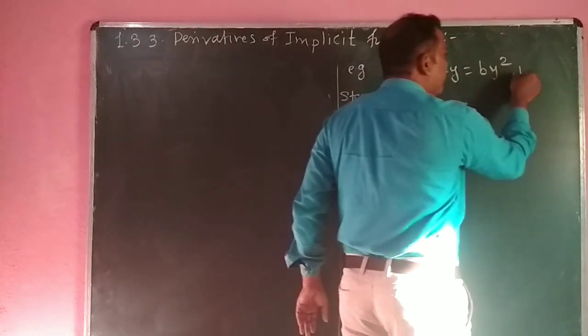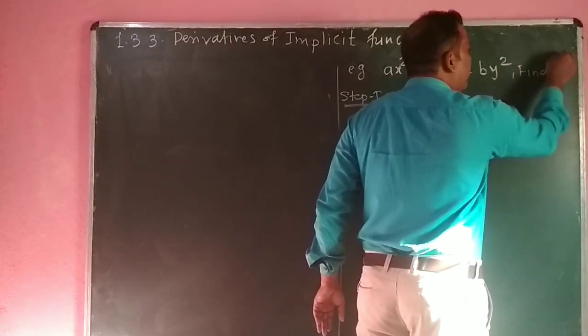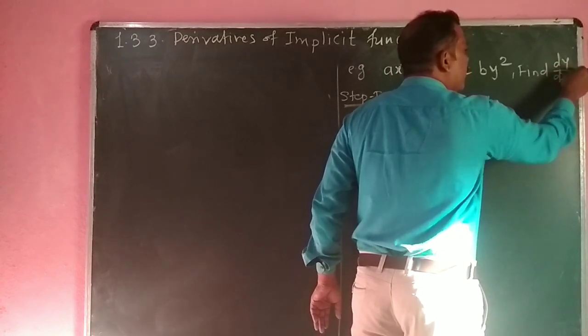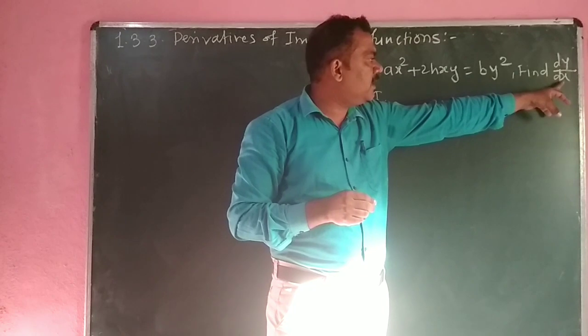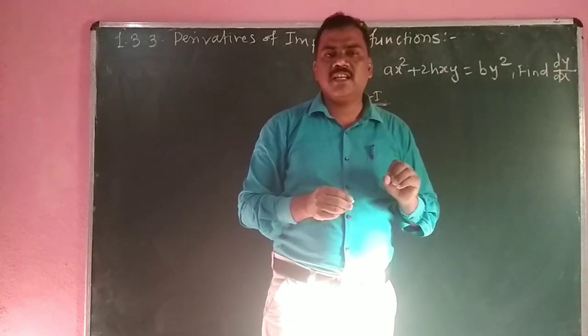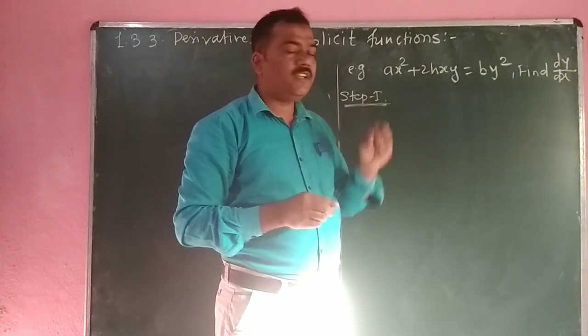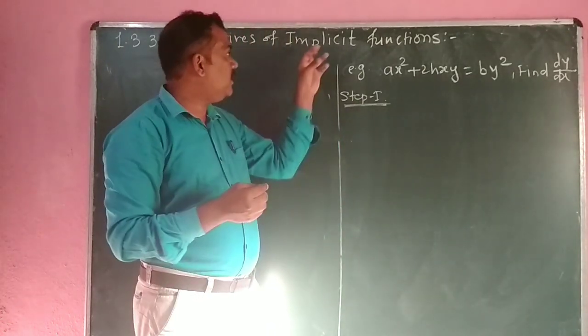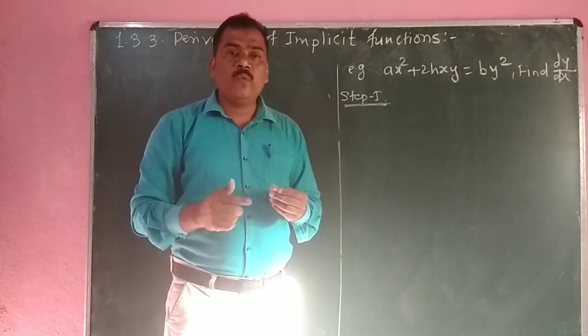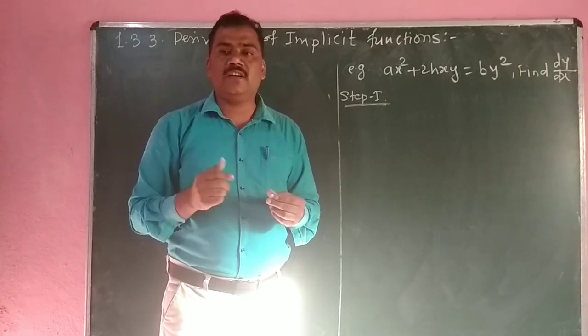Here x is the independent variable and y is the dependent variable, so we have to differentiate the given implicit function with respect to the independent variable.